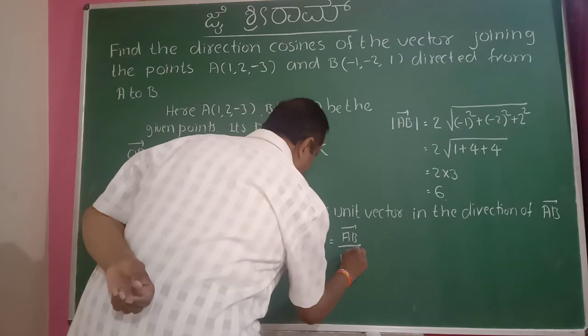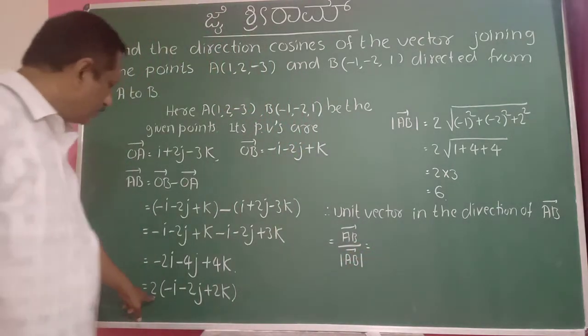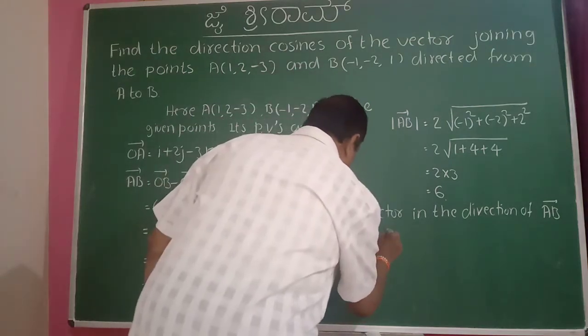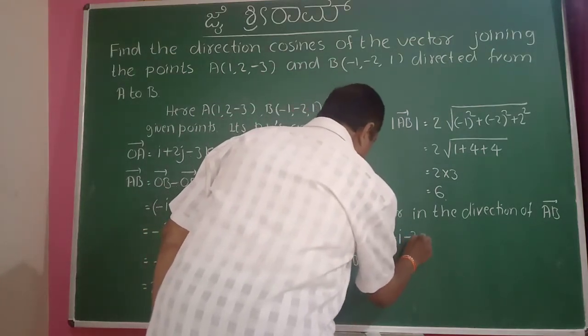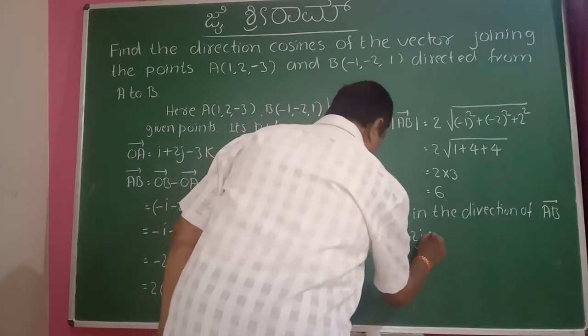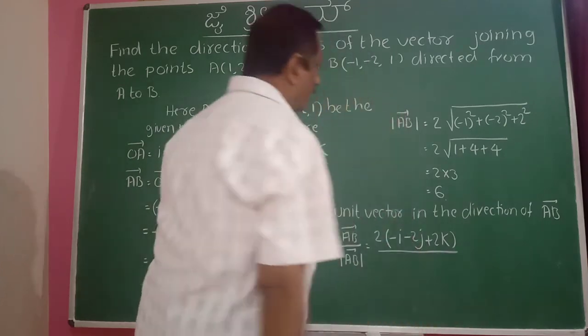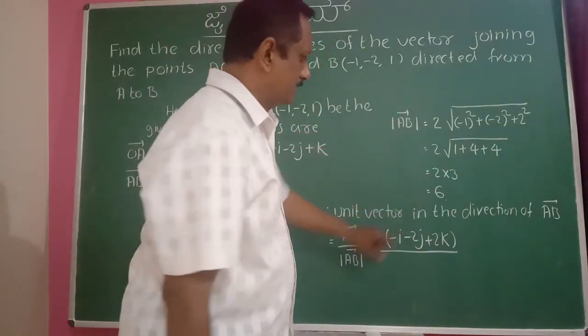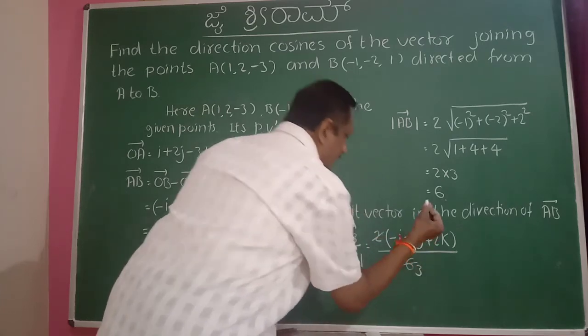Here AB is 2 into minus i minus 2j plus 2k, divided by modulus of AB, which is 6. 2 ones are 2, 3 twos are 6, so it cancels.